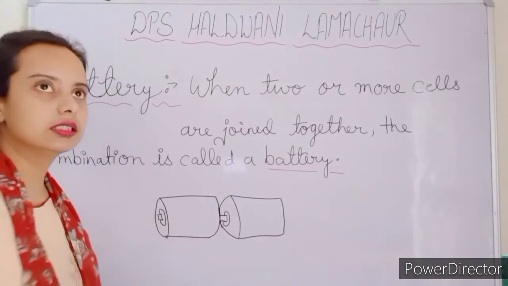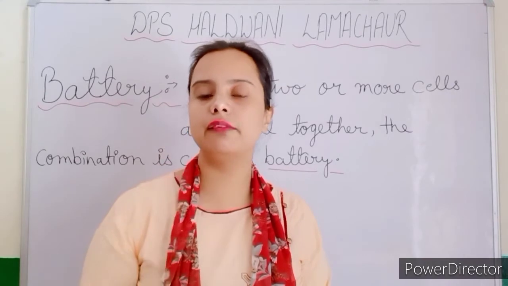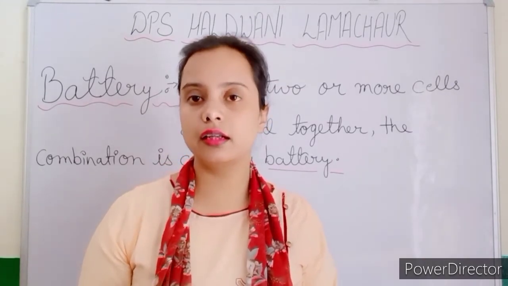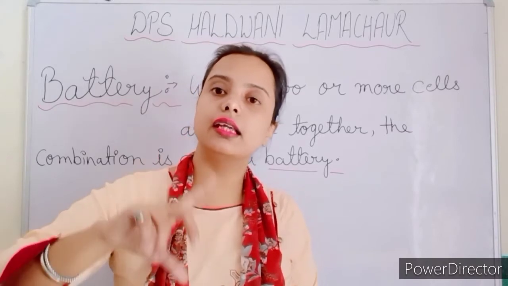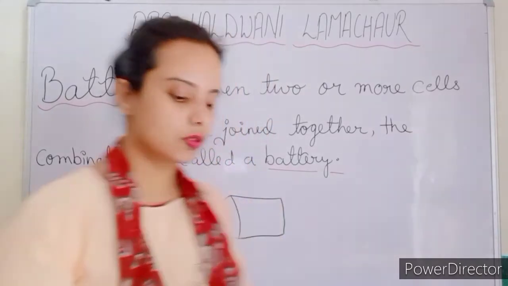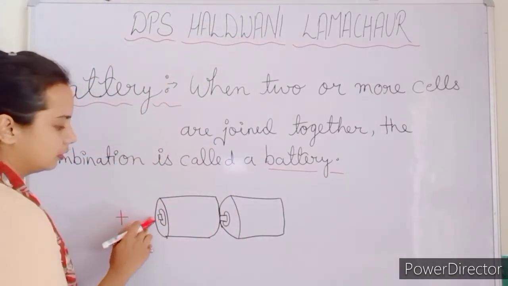For example, as we put in a torch, generally we use two or three cells, and together they make a battery. So in the same way, this is a positive terminal.